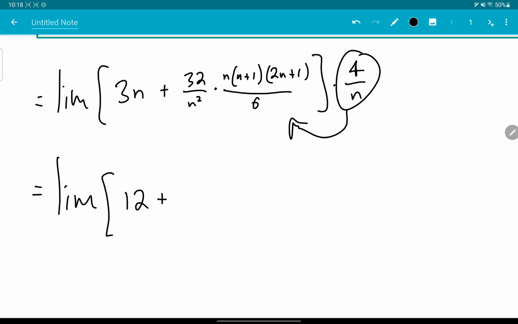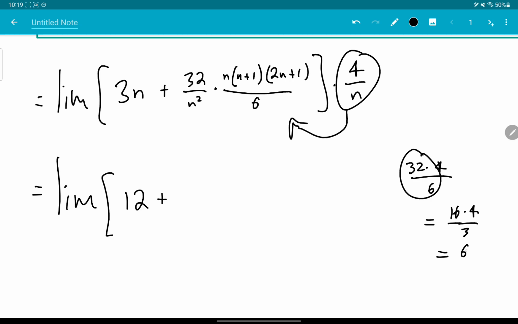Next one, I got 32 times 4 over 6. In my head, I reduce these and get 16 over 16 times 4 over 3.